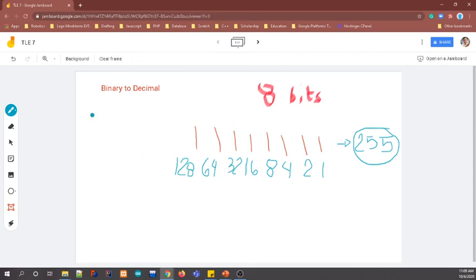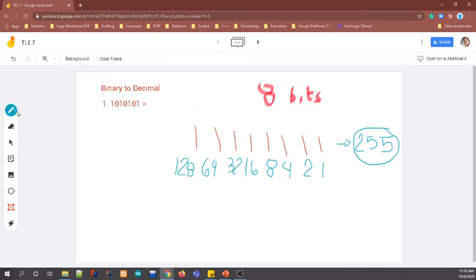So, let's start doing the first activity or the first example. For example, we have the value 1010101. Unsa ang equivalent ana niya? What's the equivalent decimal? So, ang decimal kay base 10.